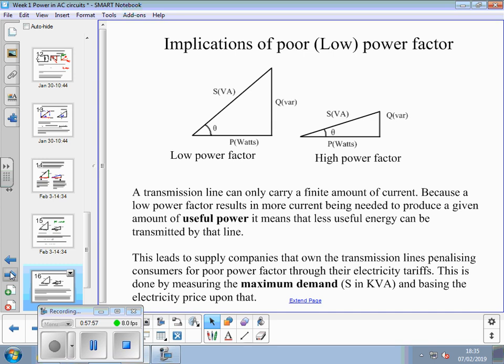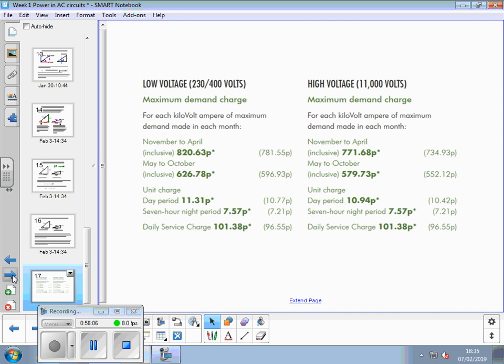I've got some figures on the next slide, but I don't know how old they are. They might be well out of date. But typically, at some point in time, maximum demand charge, 230, 400 volts. For each kVA of maximum demand in each month, they're charging like 820 pence, so £8.20 for each kVA of maximum demand.